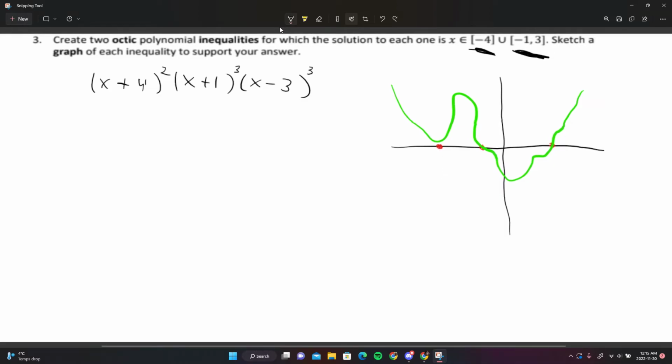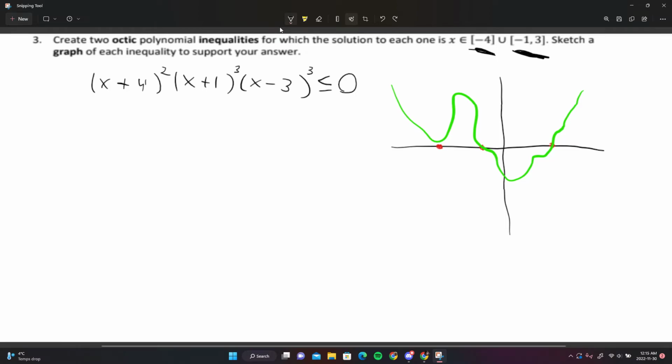And so because of that, we're going to say that it is less than or equal to 0. So the function is equal to 0 at -4, and less than 0 from -1 to 3, which is why we did our function as less than or equal to 0.